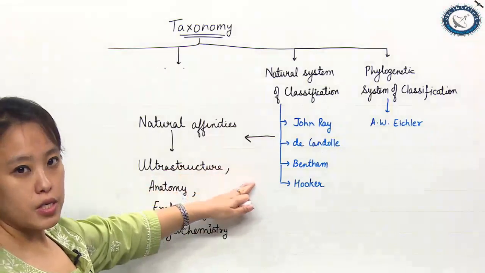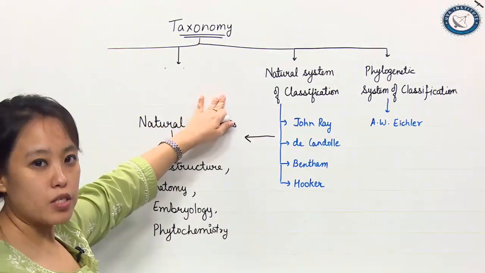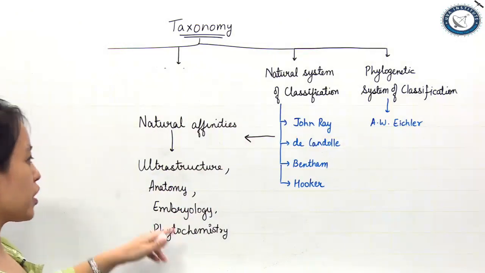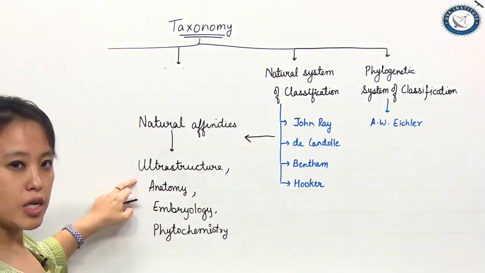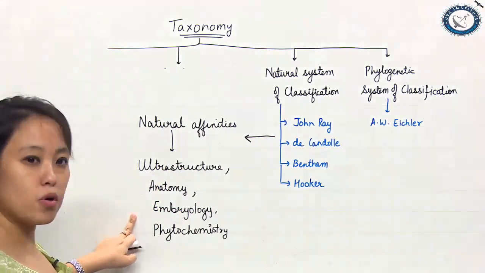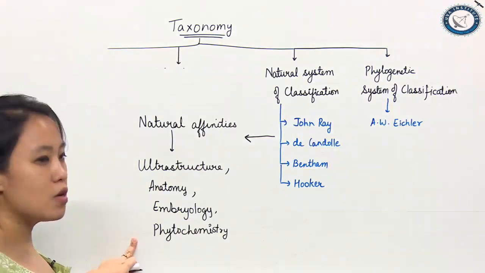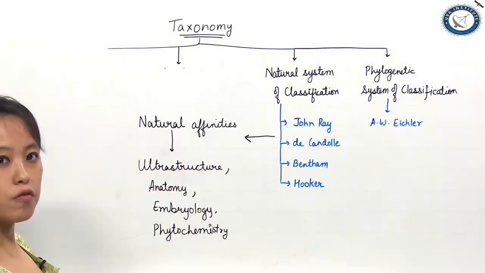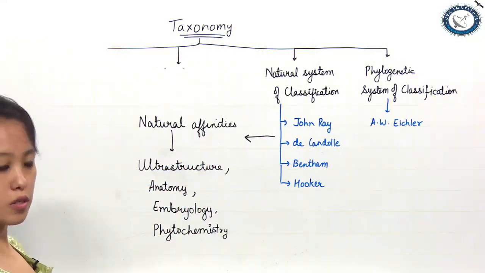These four scientists gave the natural system of classification, which was based on natural affinities. Natural affinities, that means we can talk about the structure, the anatomy, embryological evidences along with phytochemistry. This was your natural system of classification.